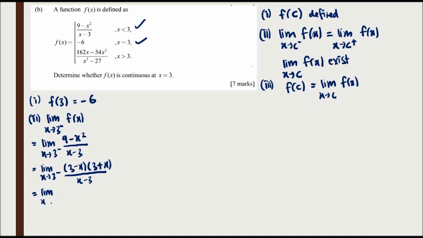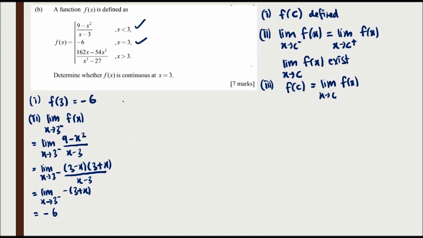We factor out negative, and this will be left with 3 plus x. So we can simplify 3 minus x with x minus 3 down here by factoring out the negative. Then if we substitute 3, we will get negative 6.